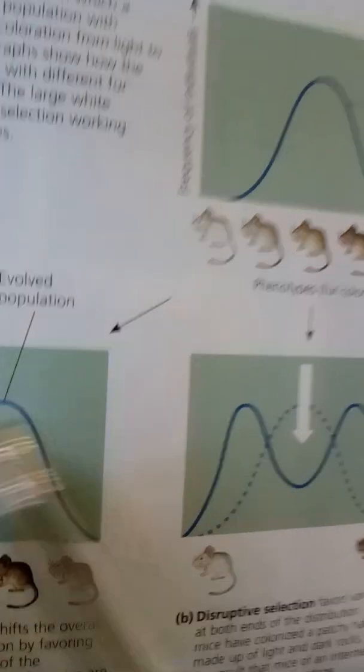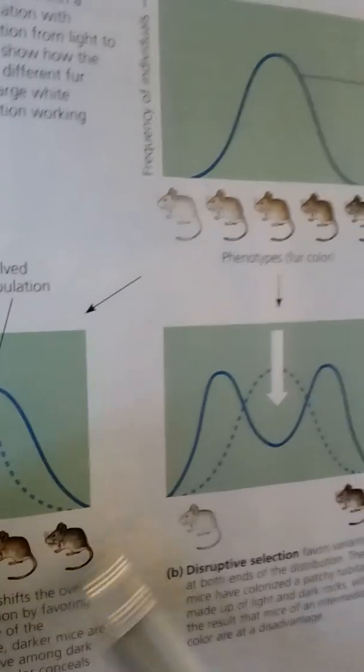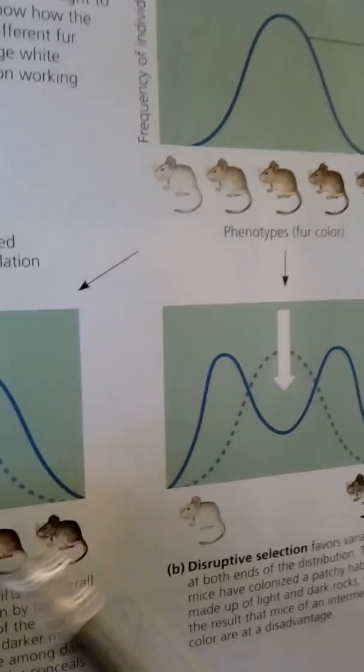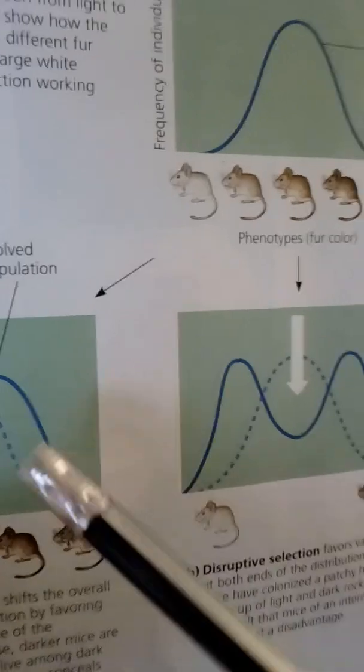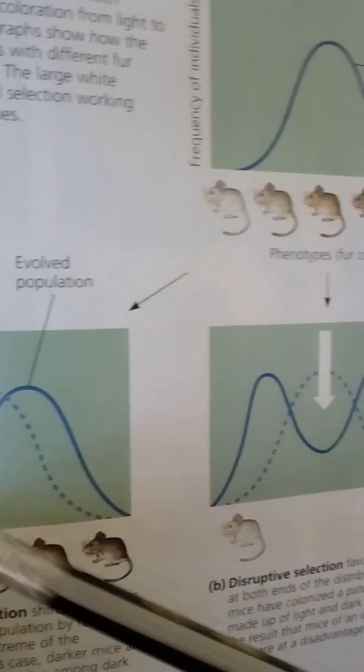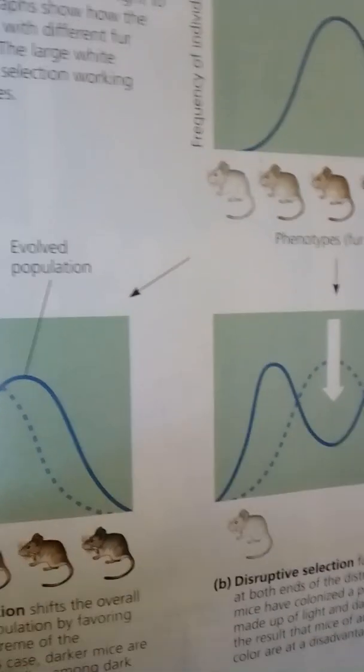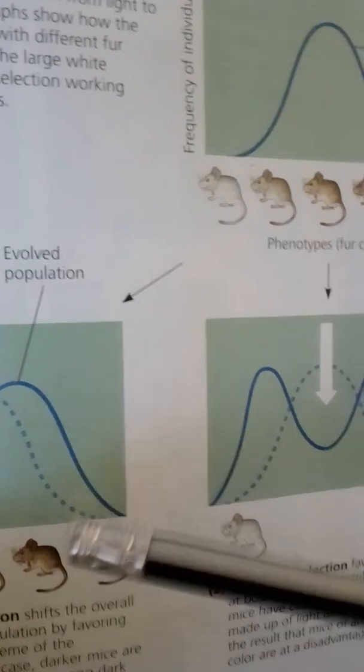Notice directional selection shifts the overall makeup of the population by favoring variants of one extreme of the distribution. In this case, darker mice are favored because they live among dark rocks, and a darker fur color conceals them from predators.